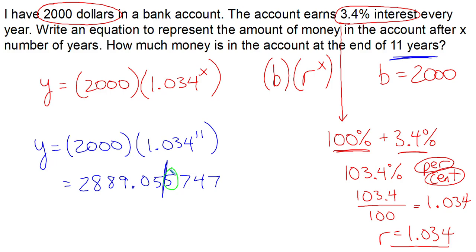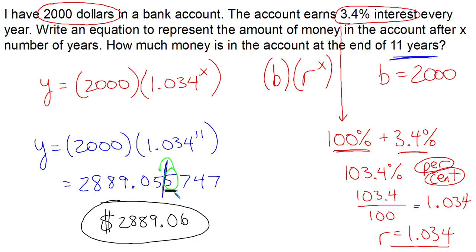If it's 5 or greater, then we'll round up. So this is 5 or greater because it's a 5, which means we're going to round this up to $2,889.06. If that had been a 4 or less, we would have kept it at 5 cents. So that's our first example.